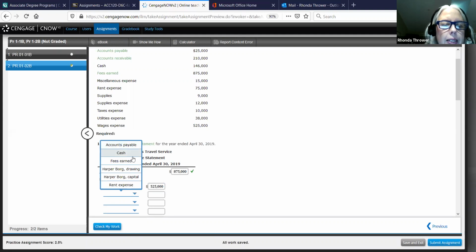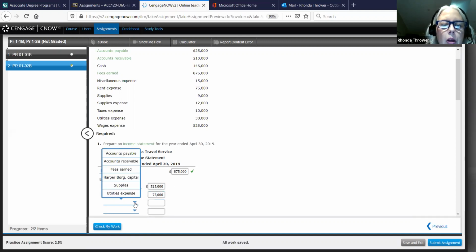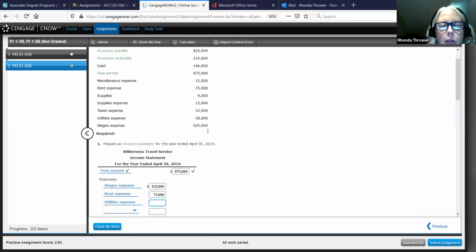Look through your list of accounts, pick out your expense. The next expense is rent expense in this list. Rent expense is $75,000. The next account is utilities expense, and utilities expense is $38,000.